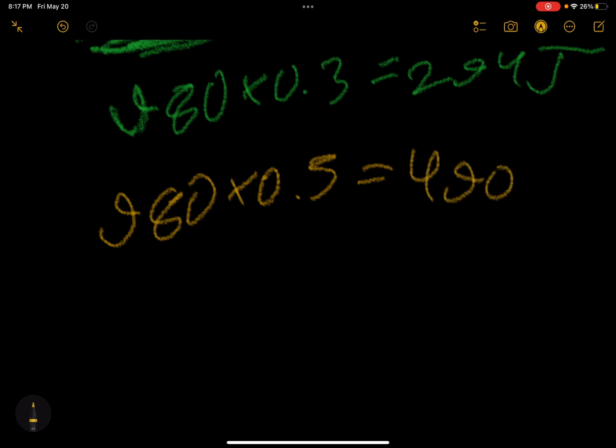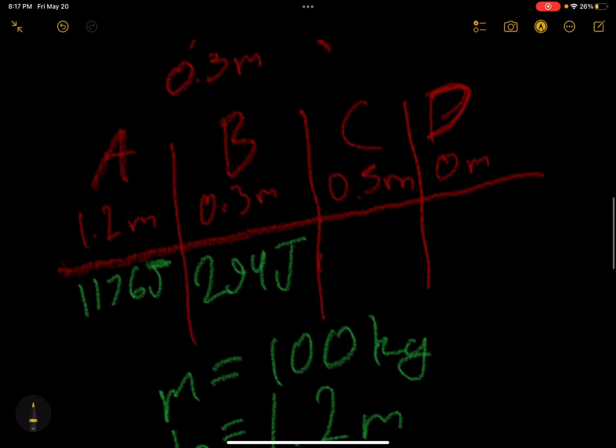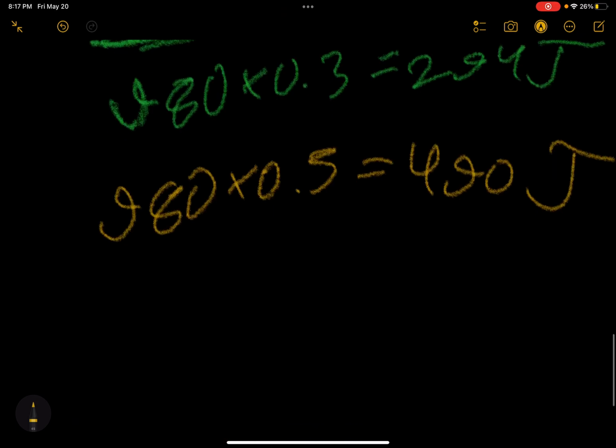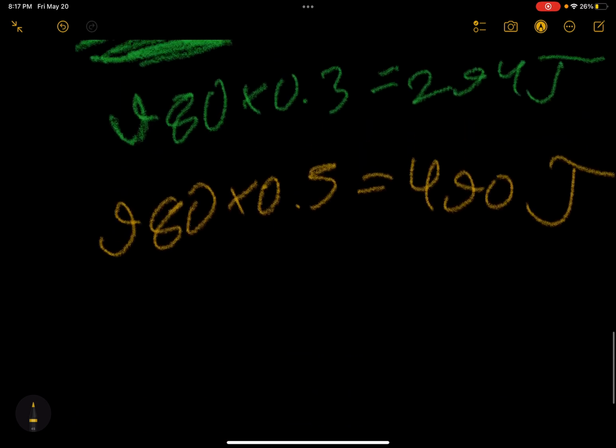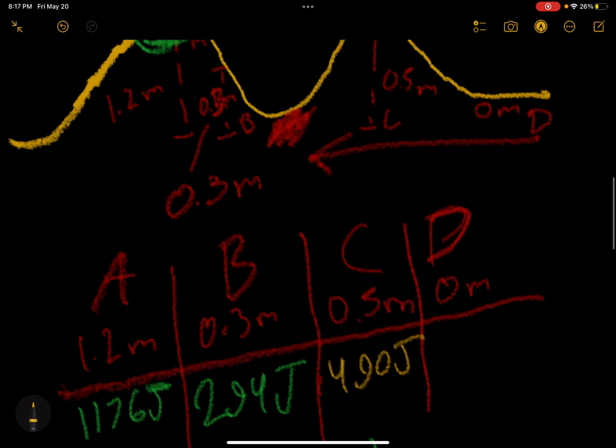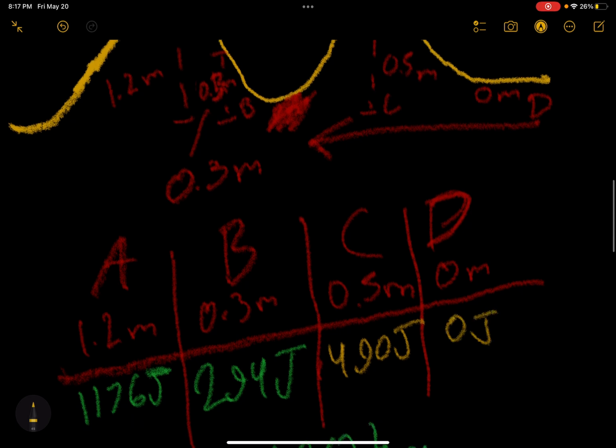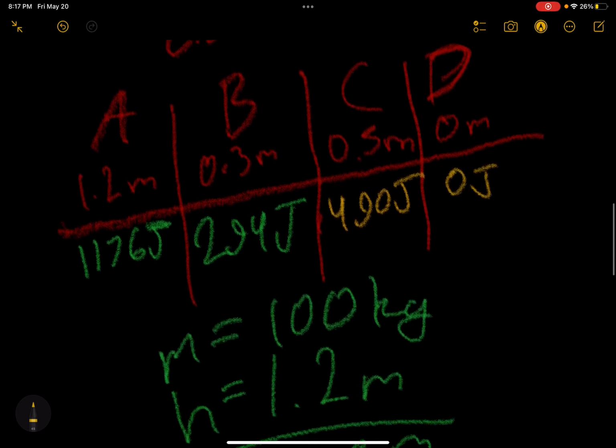Check with the calculator. Yep, 490 joules. And then 0 meters, knowing that we're multiplying something with the height of 0, that would automatically turn to 0 joules. So you have no potential energy in that circumstance.